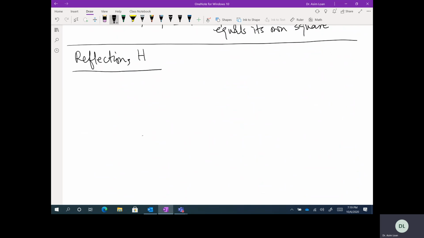So suppose this is the line through theta. This is the origin. This is the vector, and this is its image. So this is vector x.